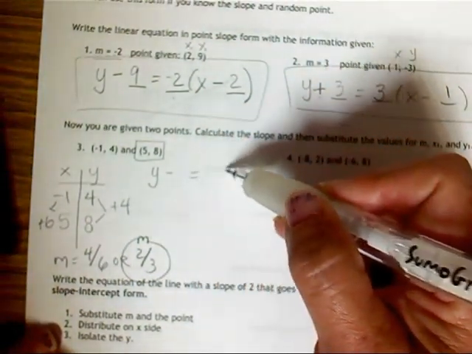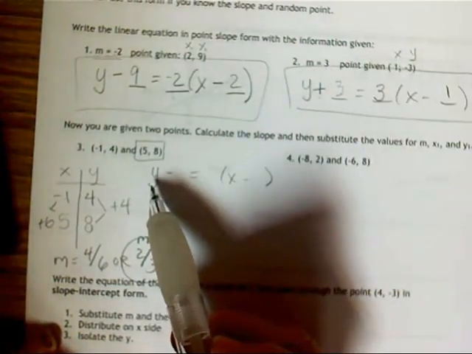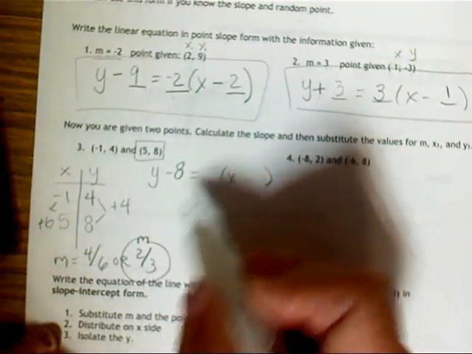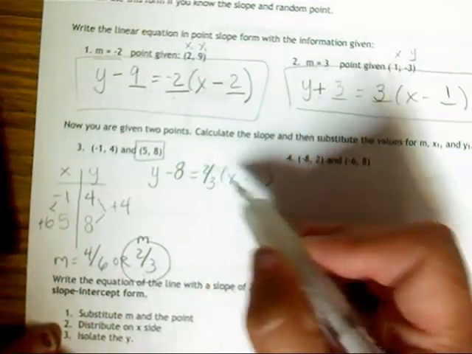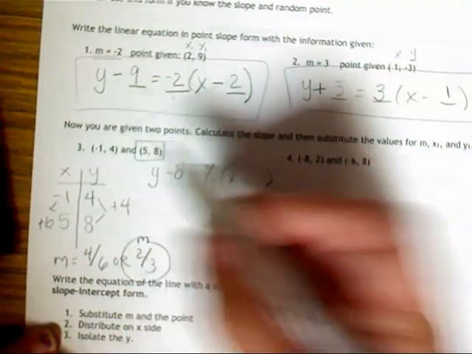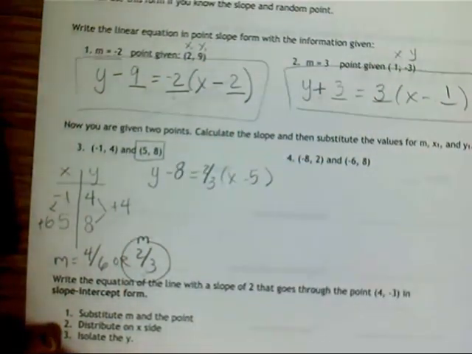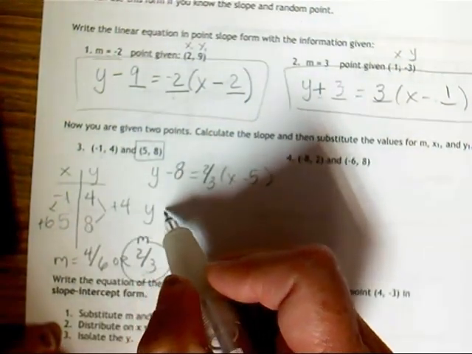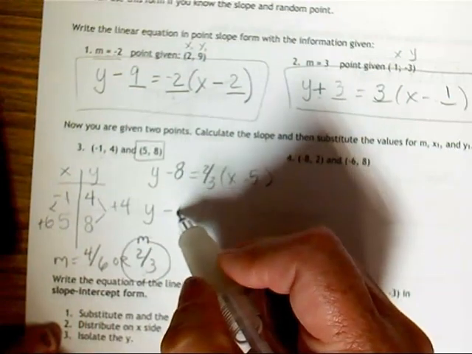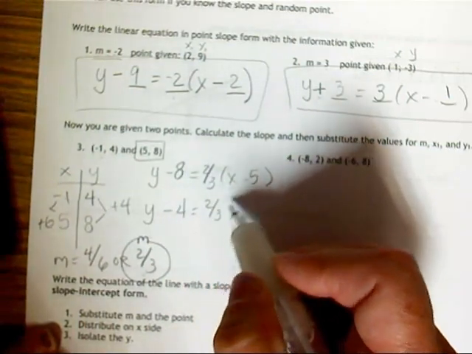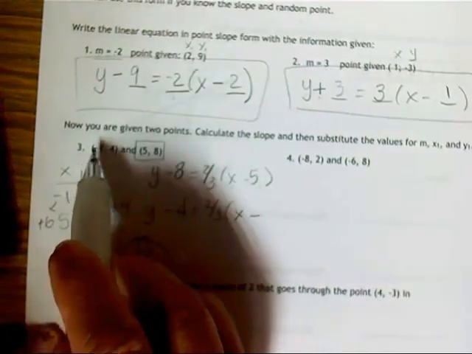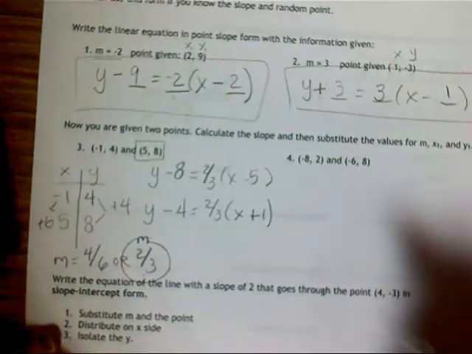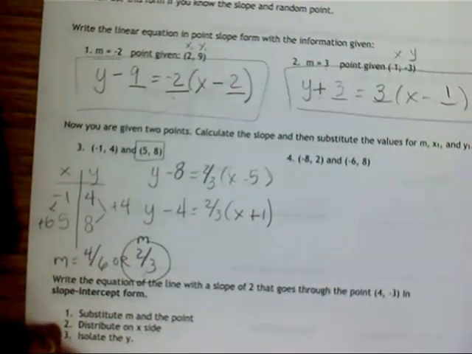So if I go to that one, it would look like this: y minus the y value is equal to m, which is 2/3, times x minus the x value. This is my answer and I'm done. Now, had you chosen this one, it would look like this: y minus 4 is equal to the slope times x minus -1. Since that would be minus a negative, we would say plus. Either of these answers is correct.